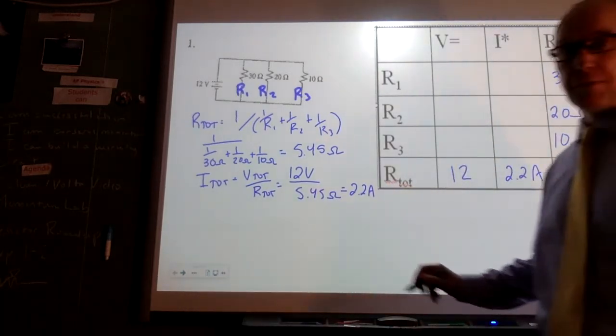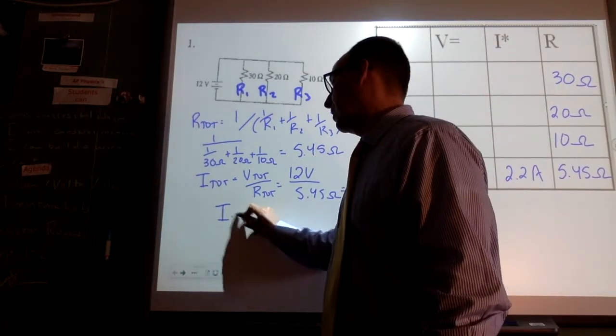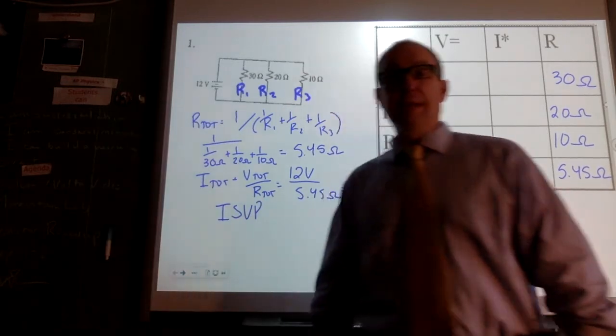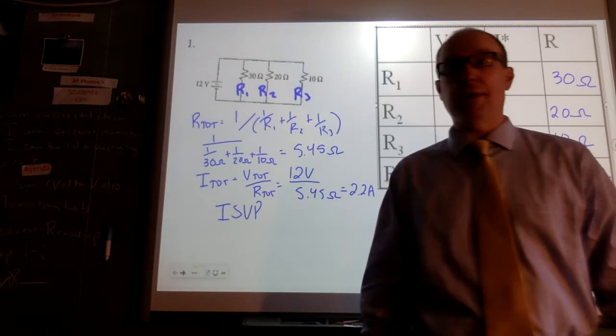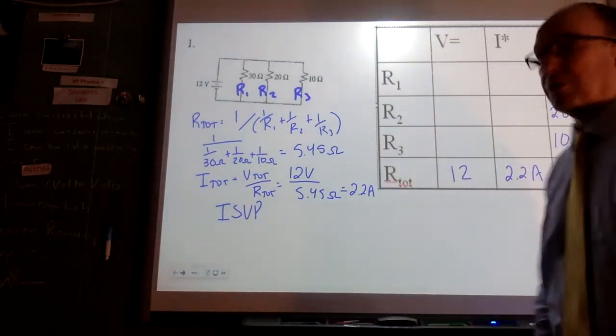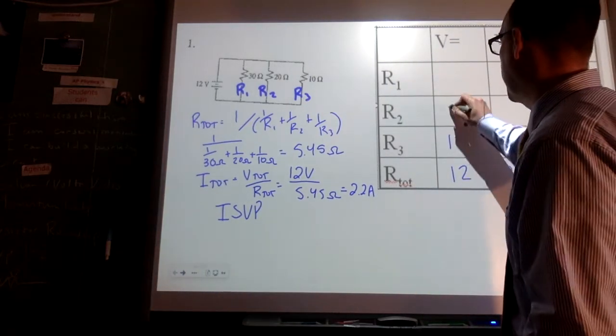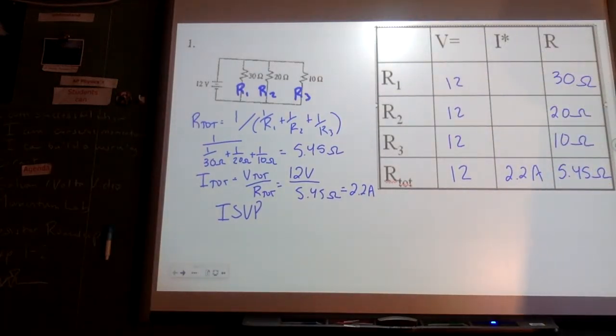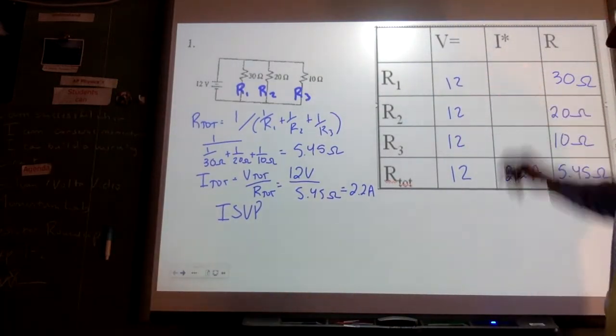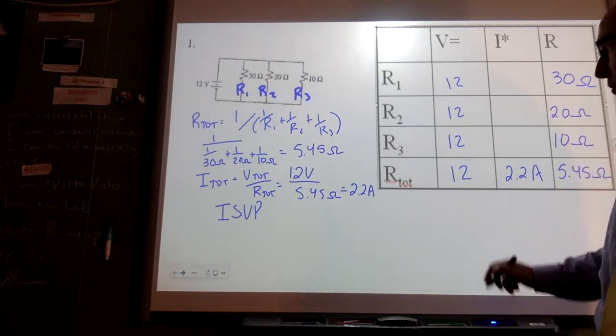Now I'm going to remember ISVIP, which tells me that current is the same in series and voltage is the same in parallel. And since these are all parallel, I am going to get 12s for all of them. And now the individual currents, again, will follow from the equation derived from Ohm's law.